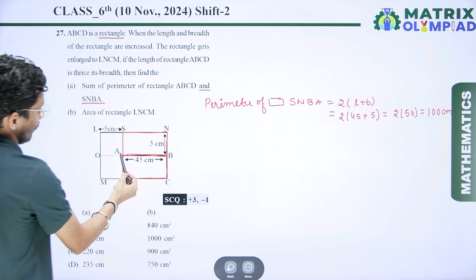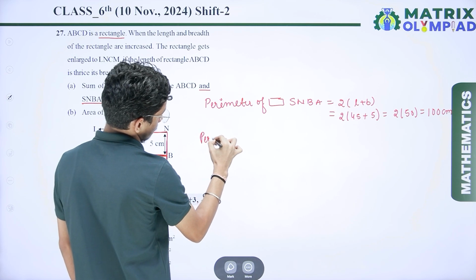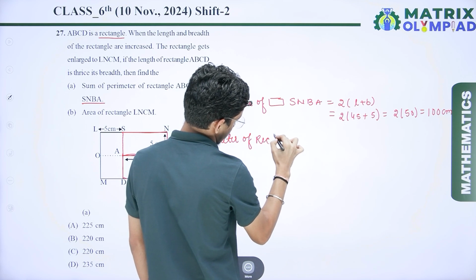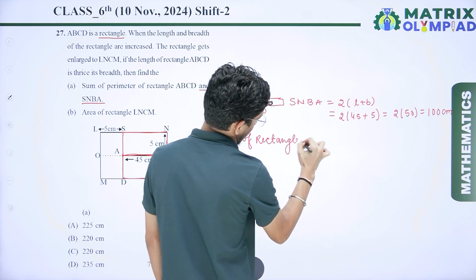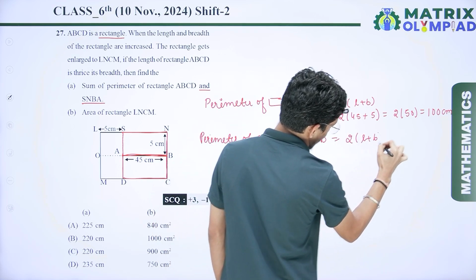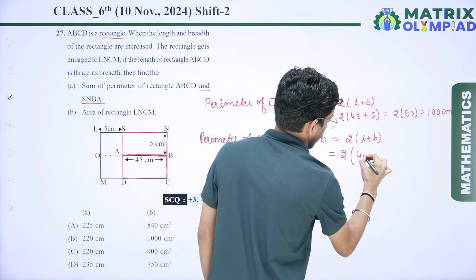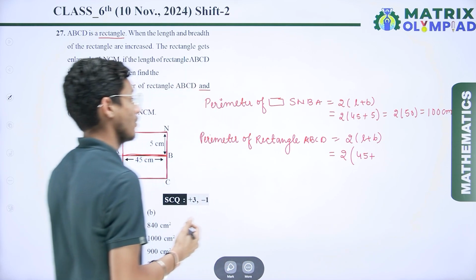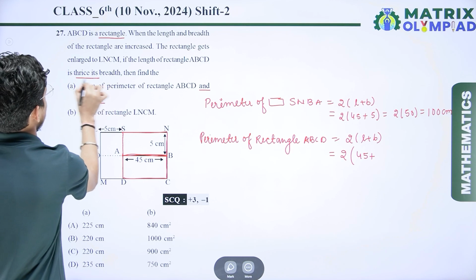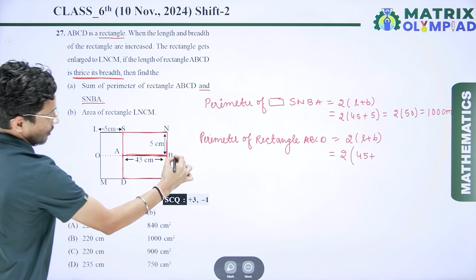Now we have to find the perimeter of rectangle ABCD. Again we know it is 2 bracket length plus breadth. Here the length is 45, and the breadth is given as thrice, so according to the question this one is 15.